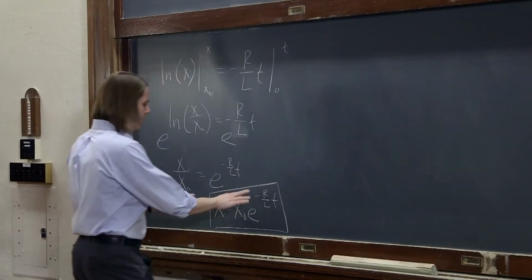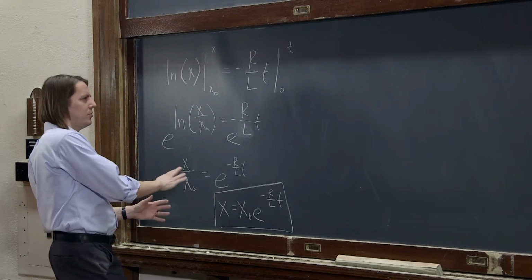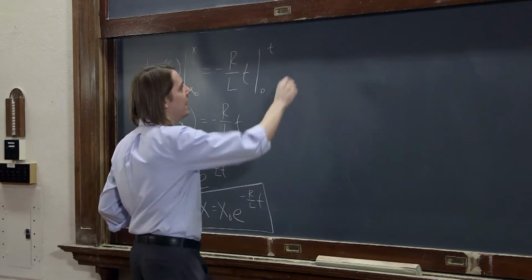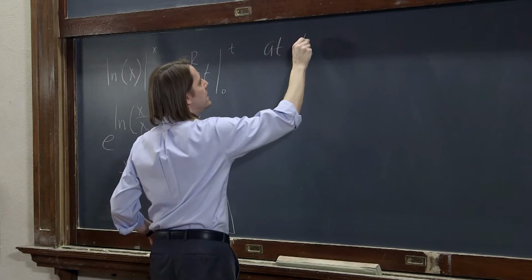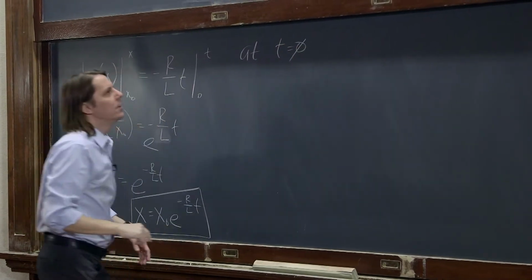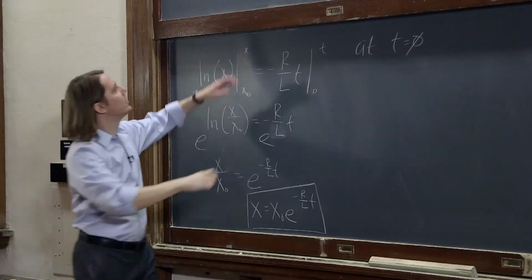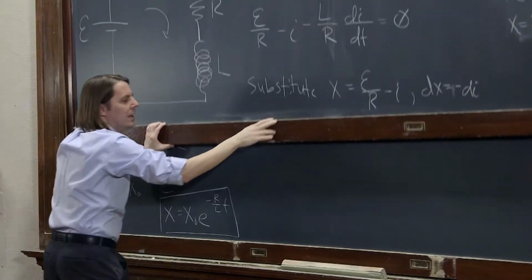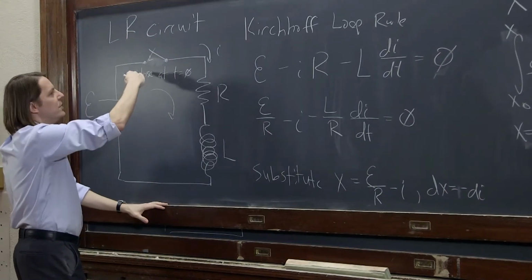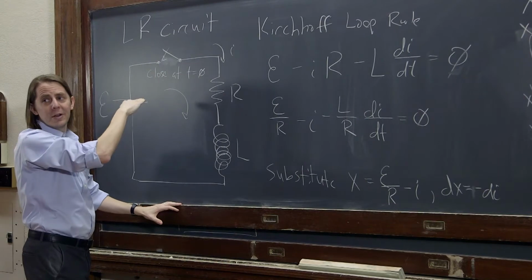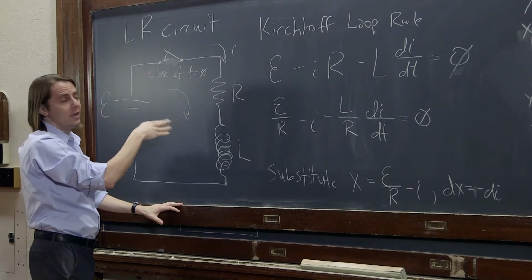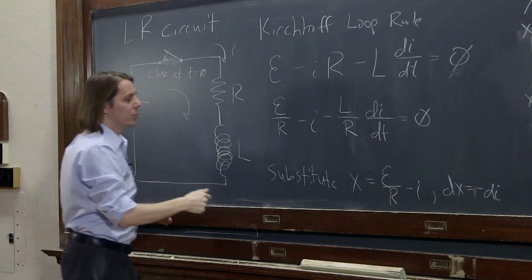So now let's get back from x naught and x to real things. At t equals 0, let's think about the real circuit. Let me look at it again real quick. The real circuit at t equals 0, we said we close it at t equals 0. And actually the current right at t equals 0 is going to also be 0. It takes a while for the current to get going in the circuit.